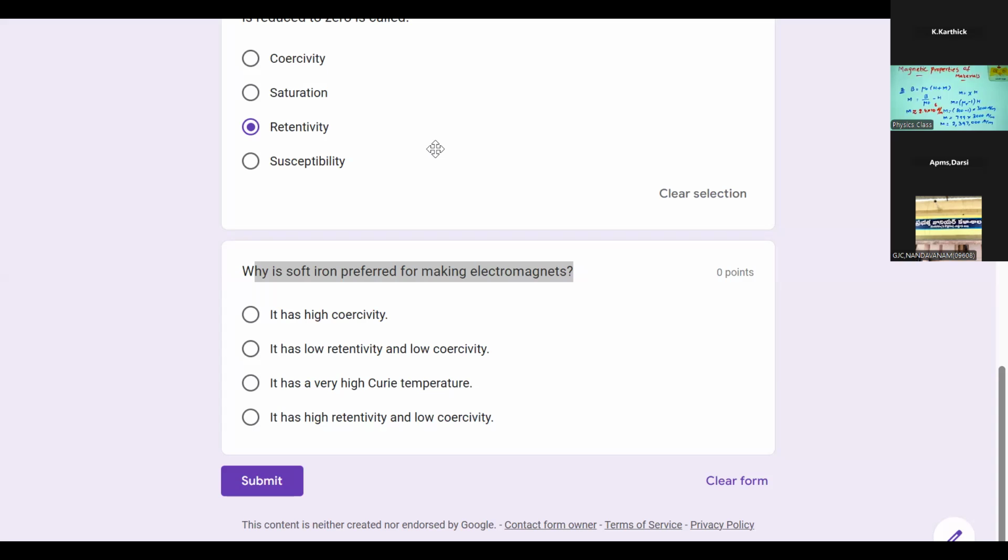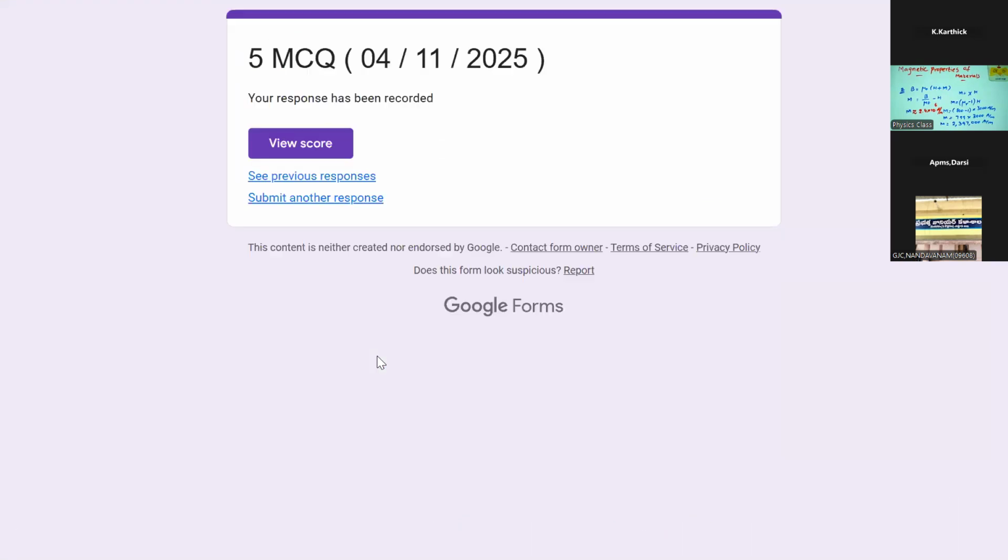Soft iron is preferred for making electromagnets because soft iron has low retentivity and low coercivity. Yes, option B is the correct answer. Purna correct, very good. Super. Submit, we can check the answers.